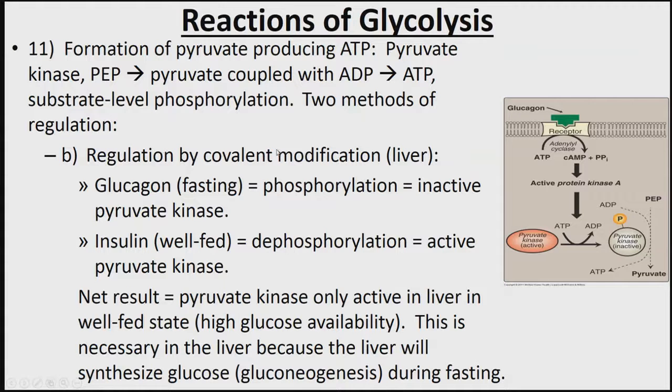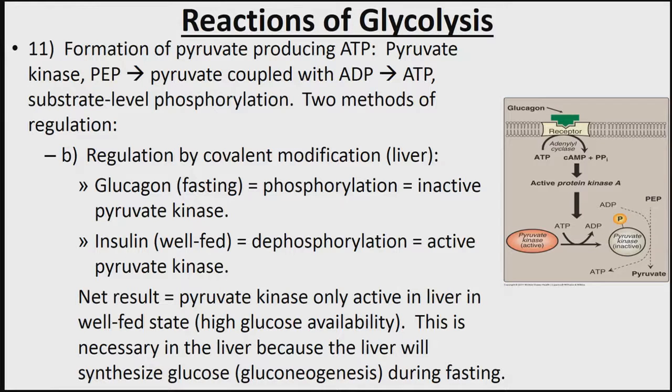This is also regulated by covalent modification. So this one is going to be directly regulated by insulin or glucagon. Without even looking at this, you can think, well, am I going to turn it on with insulin or off with insulin? Glycolysis is going to be active in the liver when glucose is high, right? So when insulin is high, insulin is going to activate this enzyme, and glucagon, conversely, is going to inactivate this enzyme.